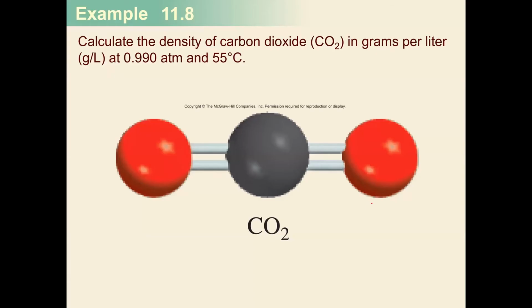So let's go and calculate the density of carbon dioxide, CO2, in grams per liter at 0.990 atmospheres and 55 degrees C. Notice that it doesn't look like I am giving you a whole lot of information about this gas. So we remember that density is equal to our mass over volume.